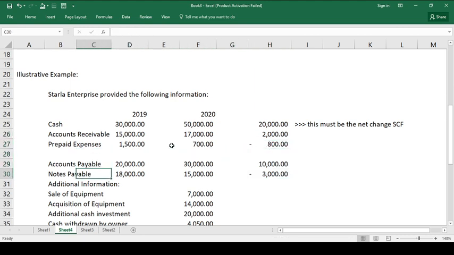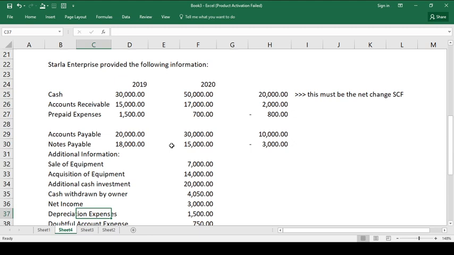And then, we have additional information that the sale of equipment, merong cash receipts na 7,000. And then, we acquire a new equipment wherein we disburse 14,000. And then, there is additional cash investment made by the owner of the Starla Enterprise amounting to 20,000.